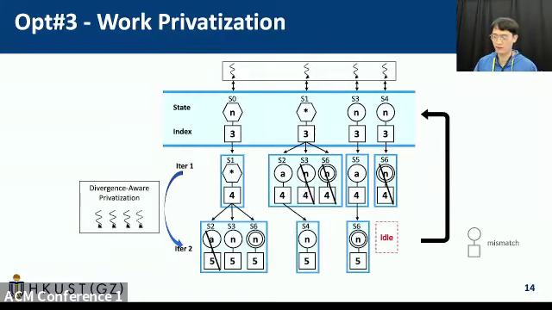And we also have a divergence-aware policy to avoid warp divergence. When most threads in a warp have no state extended due to a mismatch, it will cause warp divergence. So we calculate the active thread ratio on the fly, and if most threads are idle, we will disable privatization.